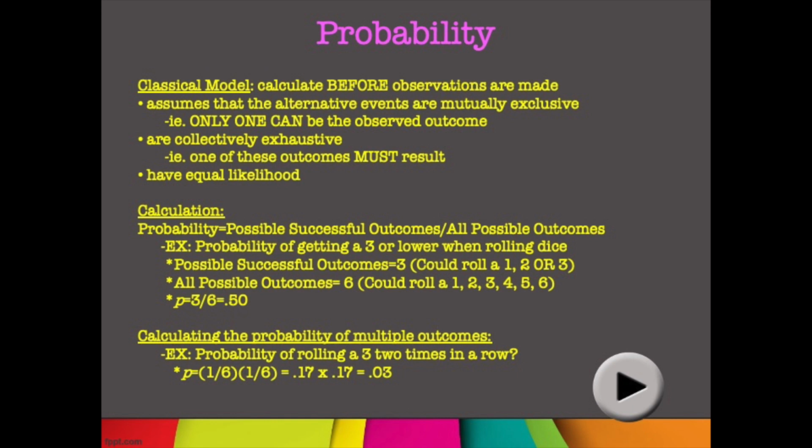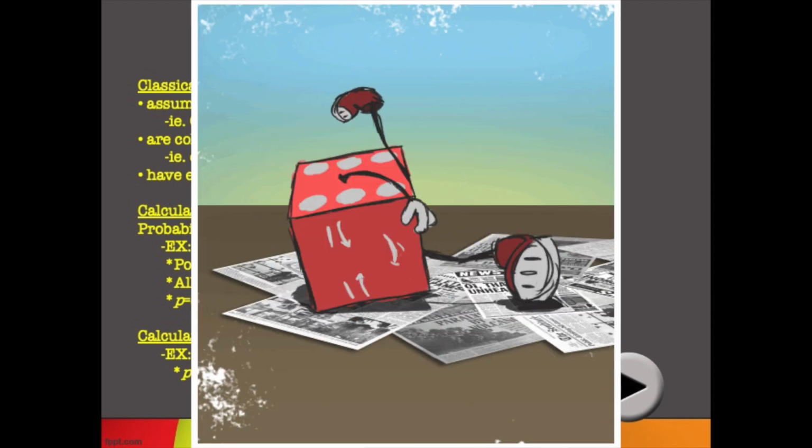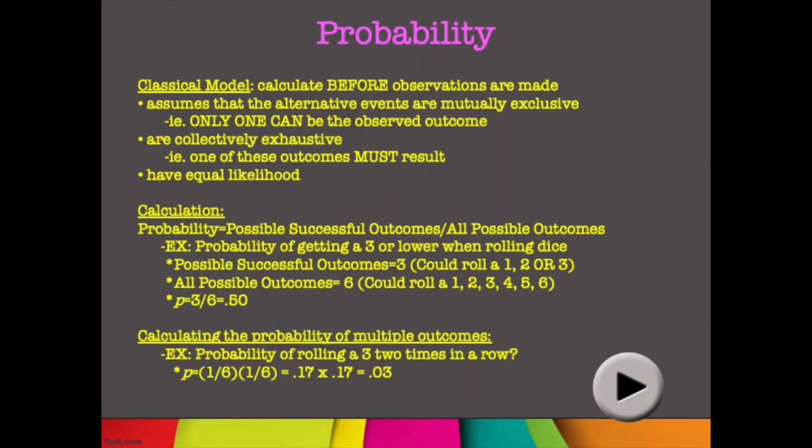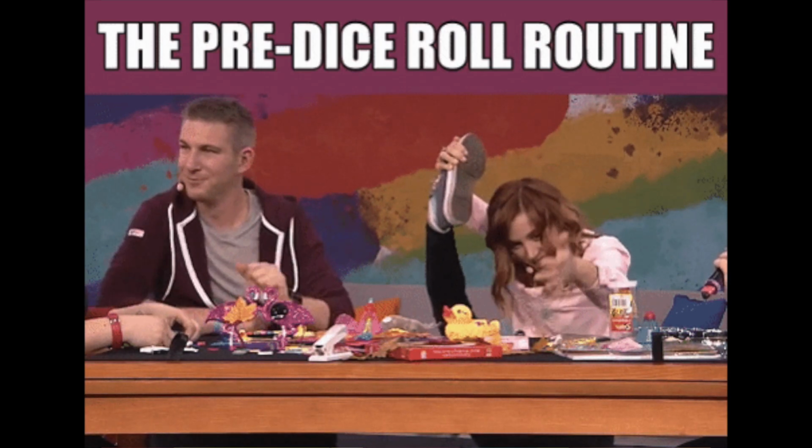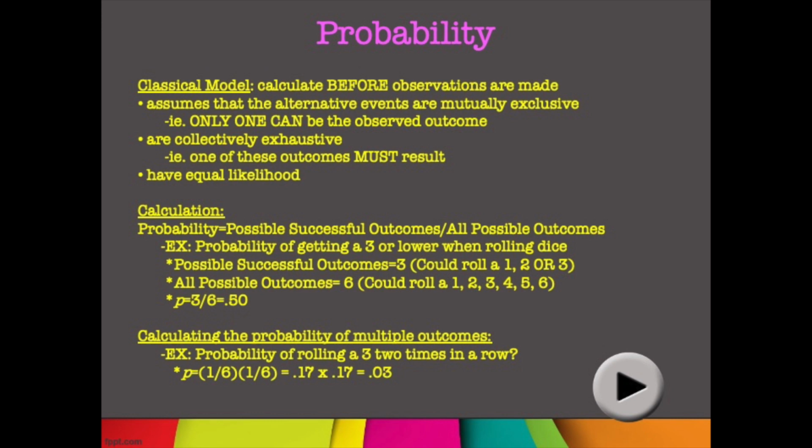For example, the probability of getting a 3 or lower when rolling dice. Your goal is to get a 3 or lower. You roll the dice, and if you get a 1, 2, or a 3, you win, let's say $20. So here you go, big money. Possible successful outcomes are 3.